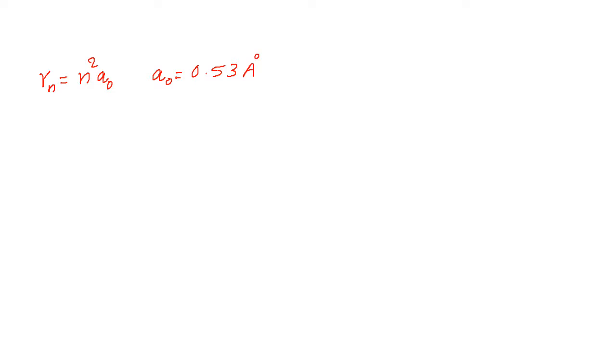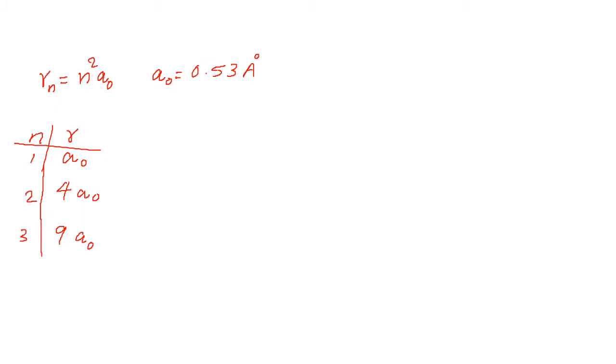Correct. Now, not every orbit is permitted. Okay, only these orbits. For n equal to 1, you can have the radius as a0. And for n is equal to 2, we know that Rn is given by n square a0. For n is equal to 2, it will be 4a0. For n is equal to 3, it will be 9a0, so on and so forth.